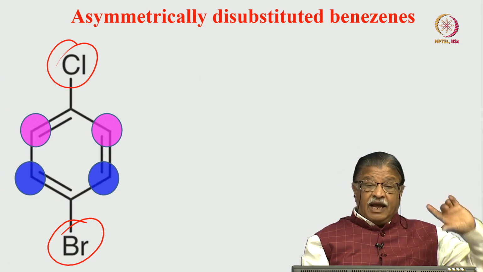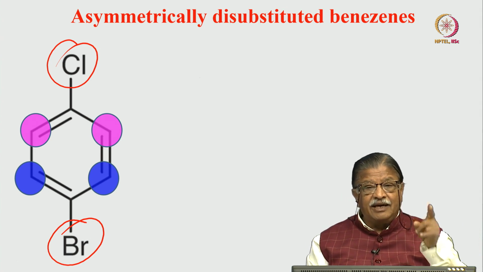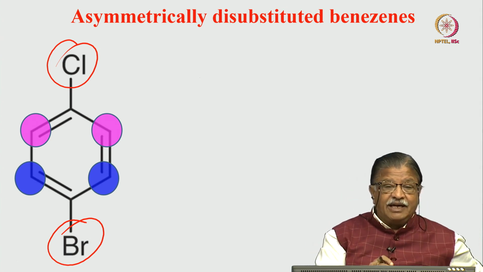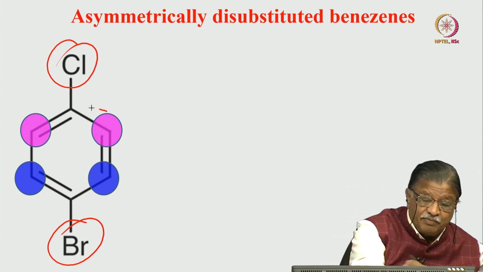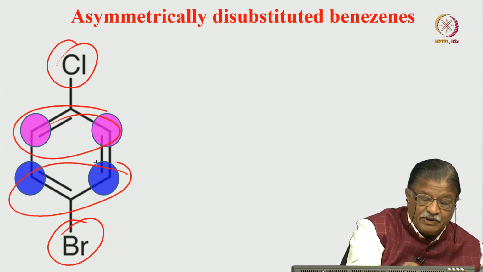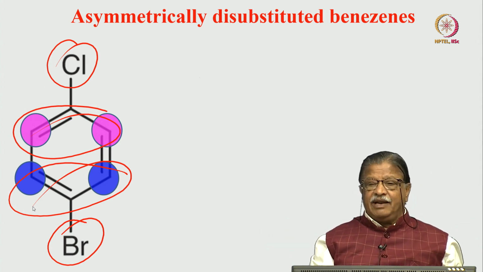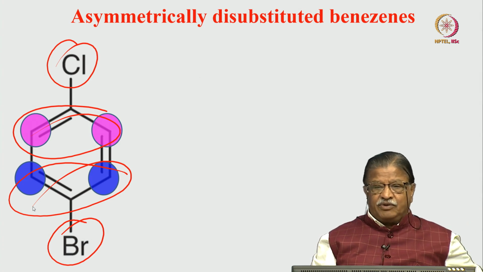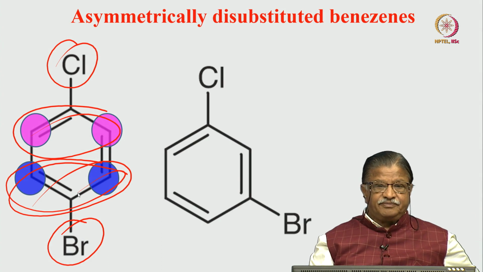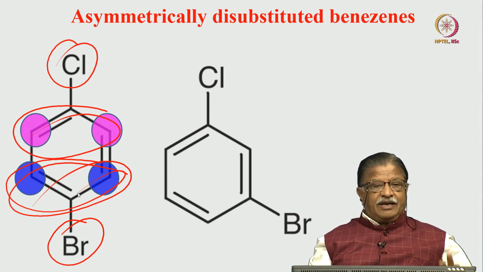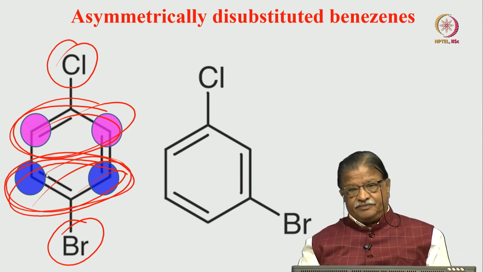In the previous example, symmetrically para disubstituted, we got a single peak, but here, asymmetrically disubstituted, these two protons are the same, these two protons are the same, we get two peaks, two chemical environments. So, we get one peak for these two protons and one peak for these two protons.